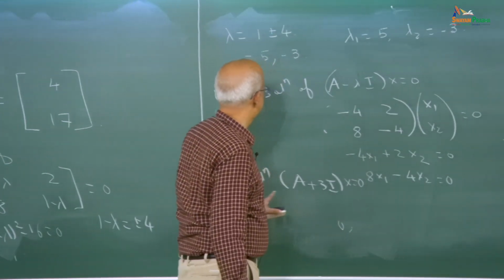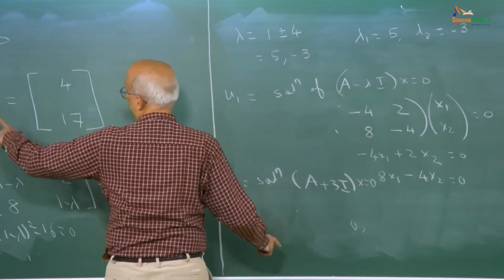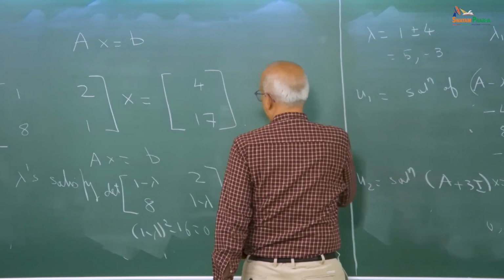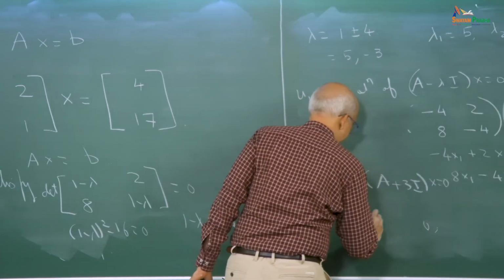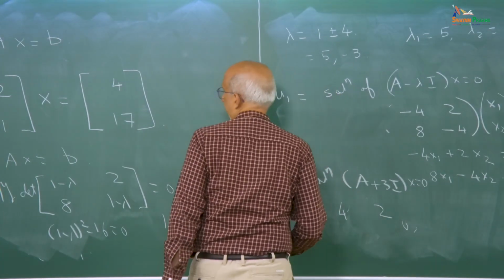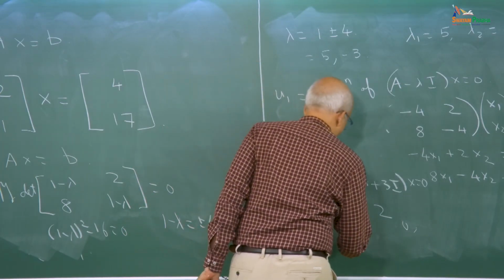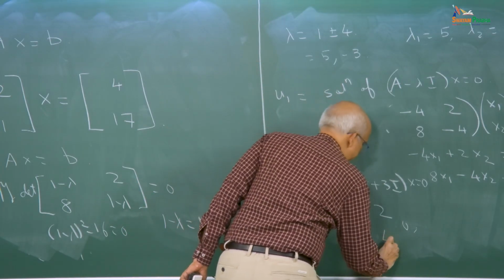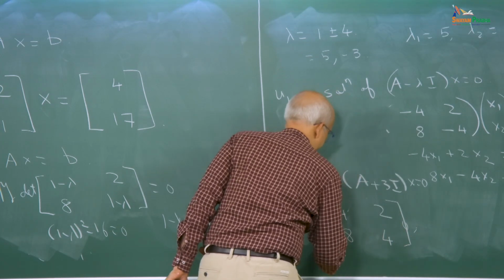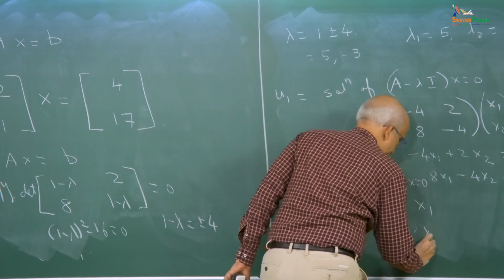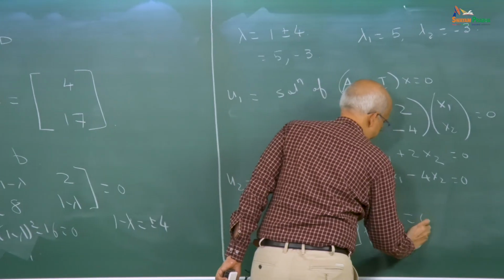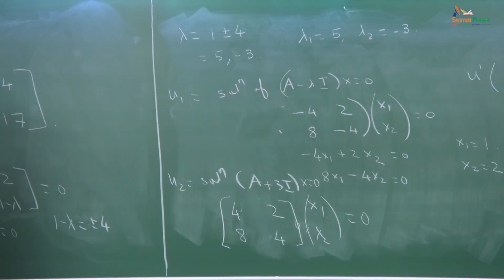Let us add 3 to the diagonal: 4, 2, 8, 4, times x1, x2.